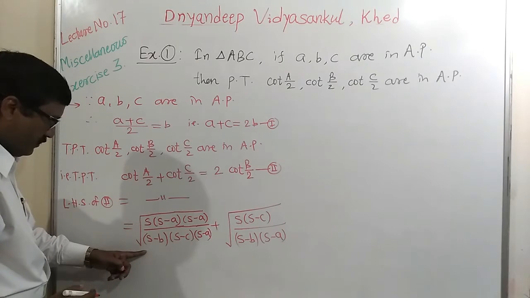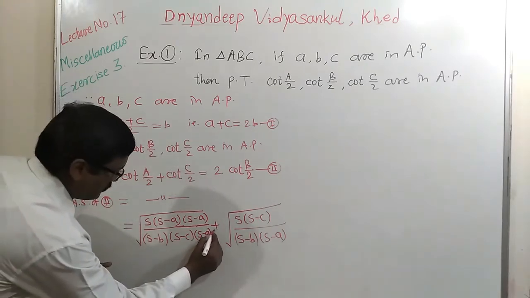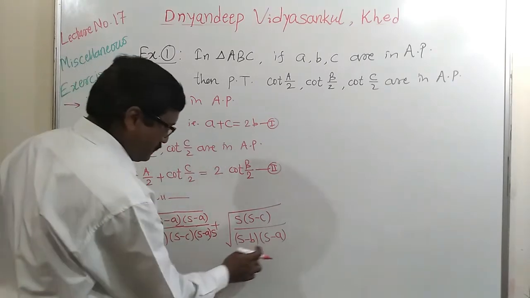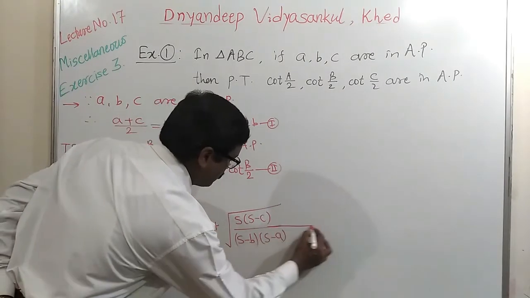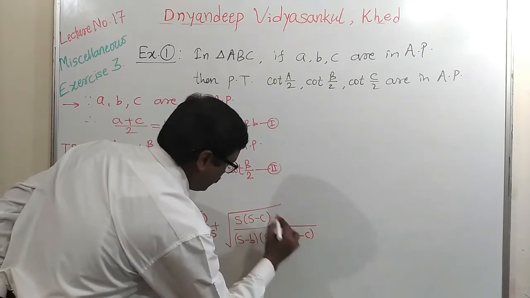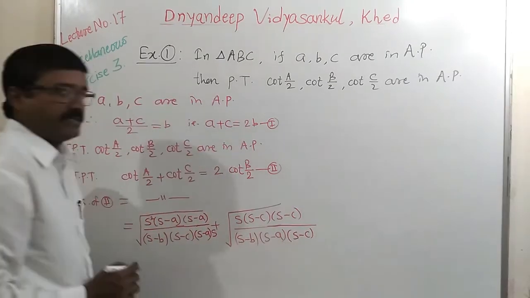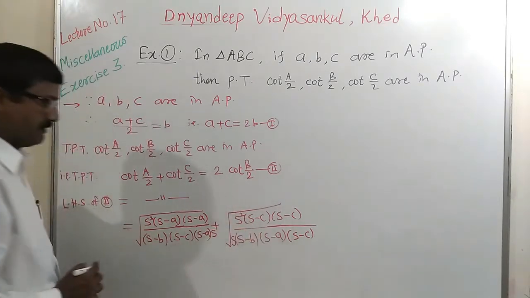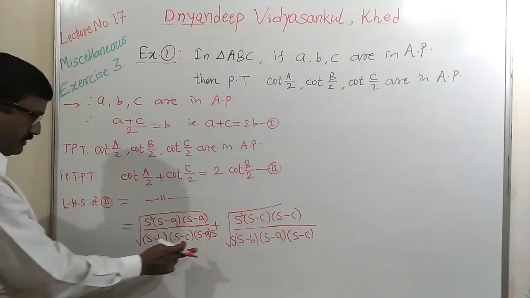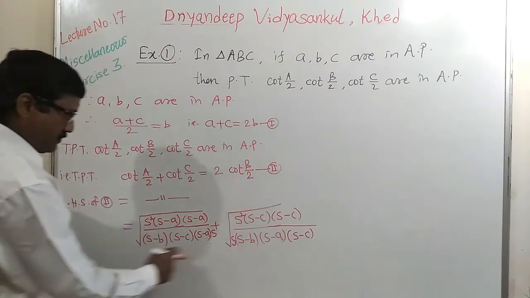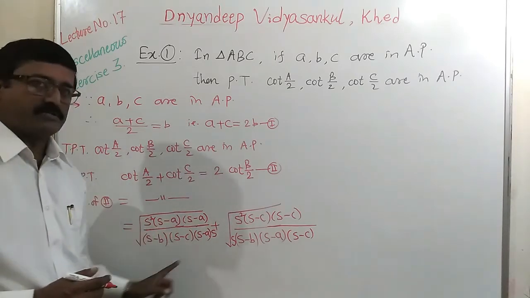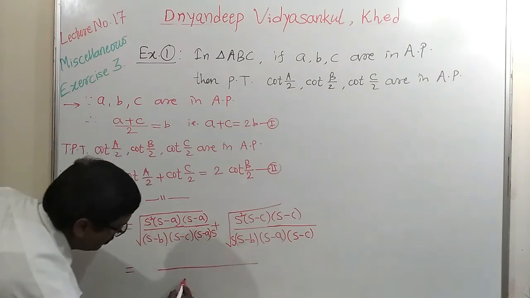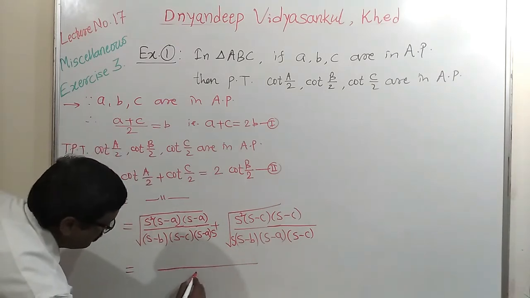Again multiply the denominator by S, so here we get S into S, that is S square. Similarly here S minus c is absent in the denominator, so multiply numerator and denominator by S minus c. Then again multiplying by S, here we get S square. So the denominator is S into S minus a, S minus b, S minus c. The same here. So in both these terms the denominator is the same, that is the area of triangle. So we can write the denominator once, that is the area of triangle.